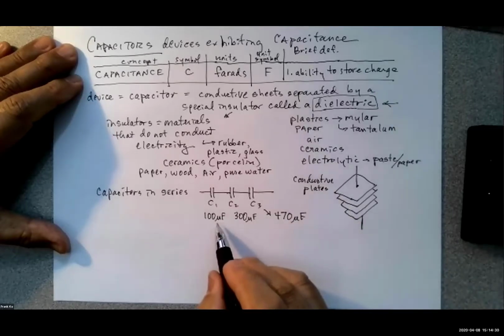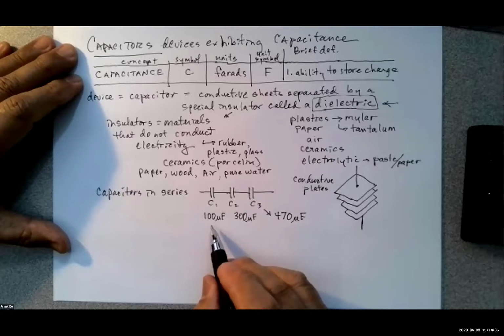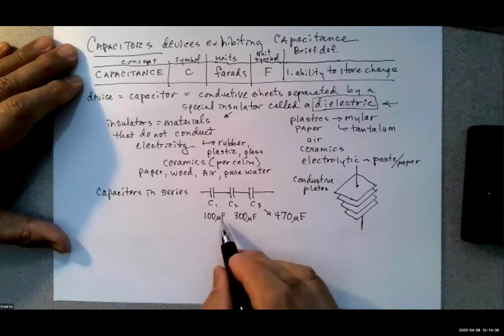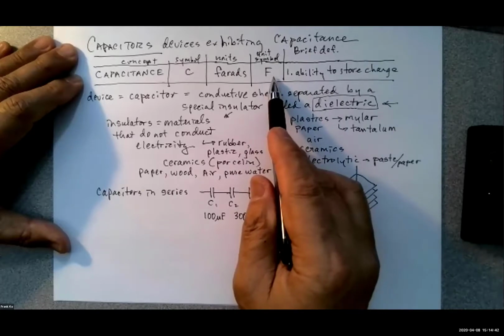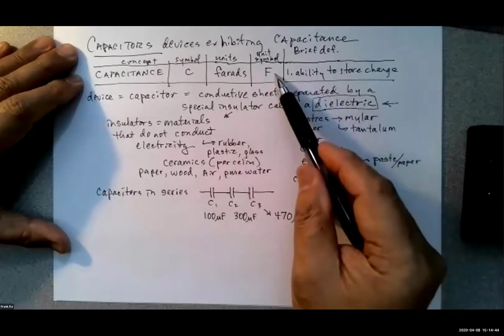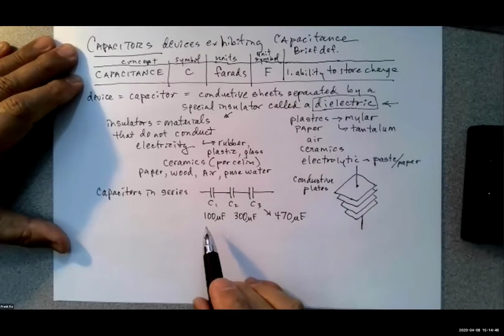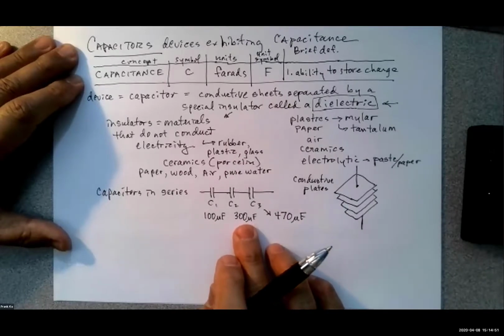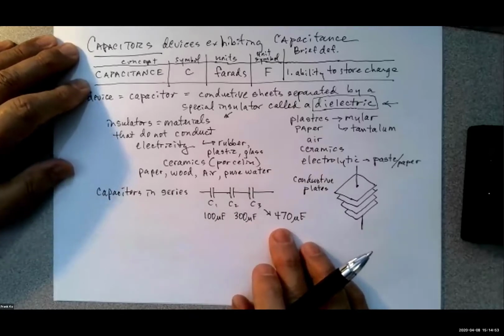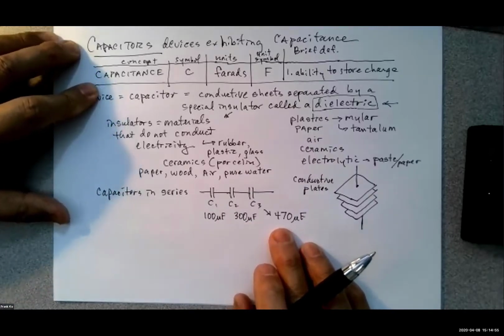So we use the micro symbol. Remember, it's kind of like a cursive U with a long leading first stroke, and a capital F for the unit of capacitance, which is expressed as farads, and the symbol is F. So C1 is identified as having a value of 100 microfarads, C2 is 300 microfarads, C3 happens to be 470 microfarads.